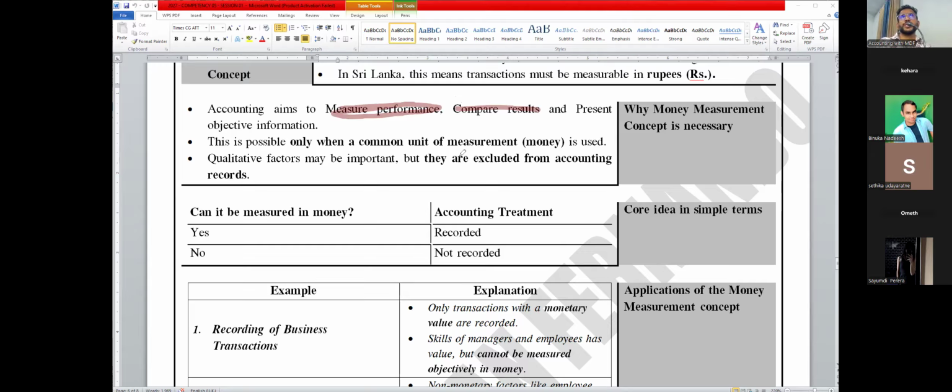Accounting aims to measure the performance, compare the results, and present objective information, presenting the relevant information to the stakeholders. This is possible only when a common unit of measurement is used. You can do all these things when there is a common measurement.